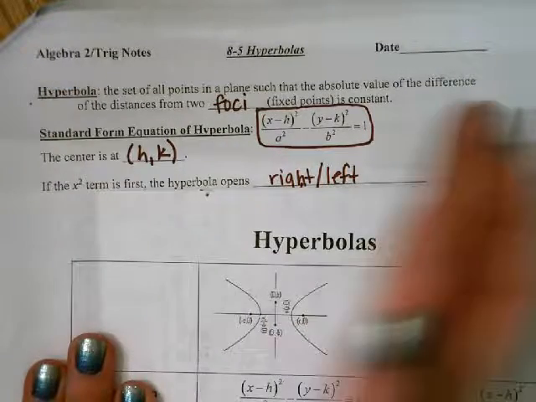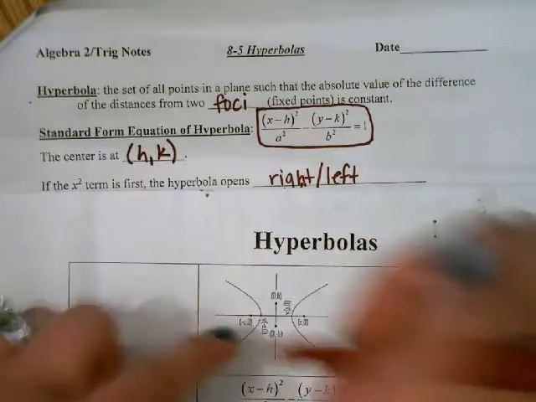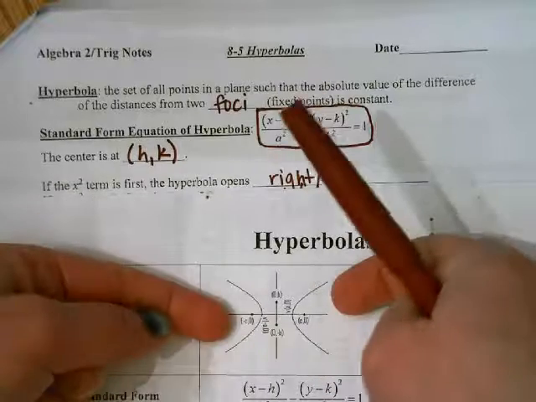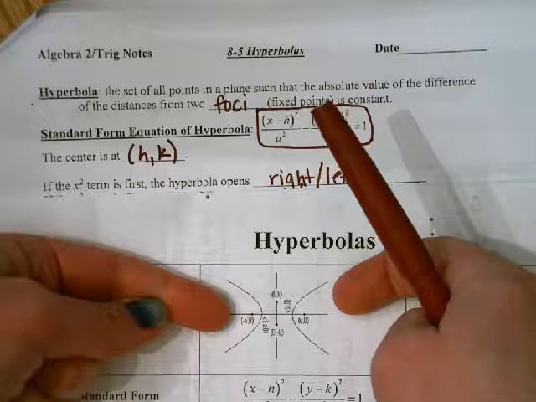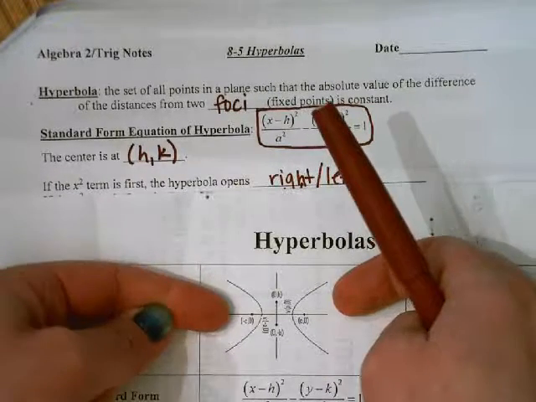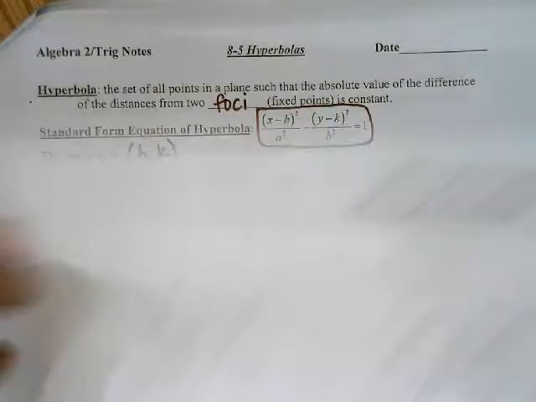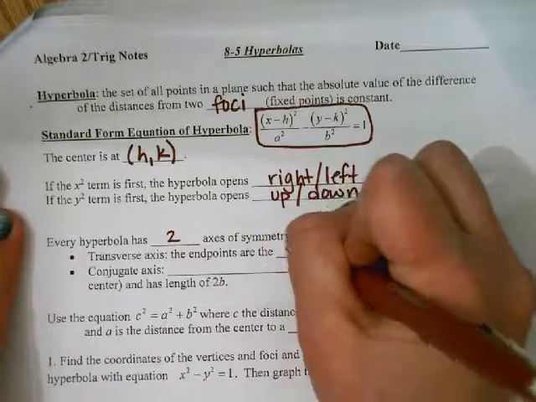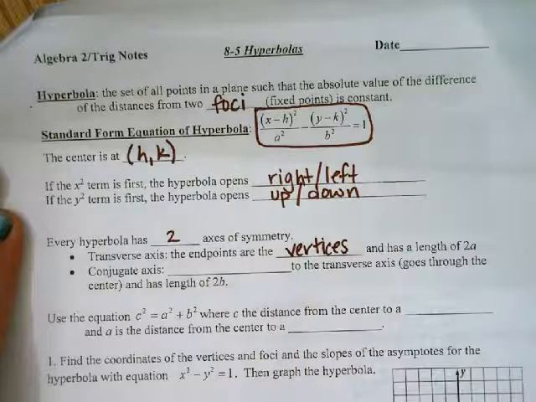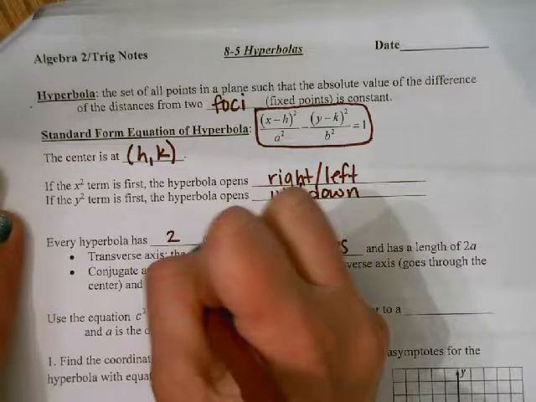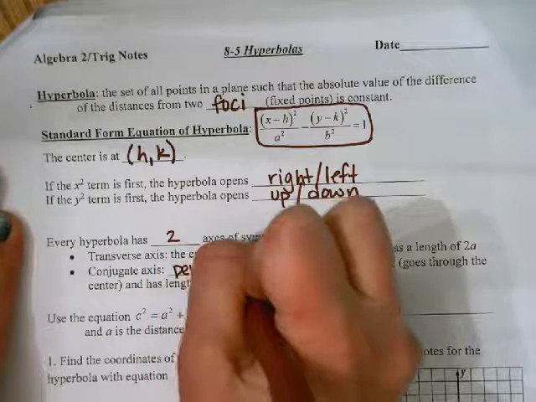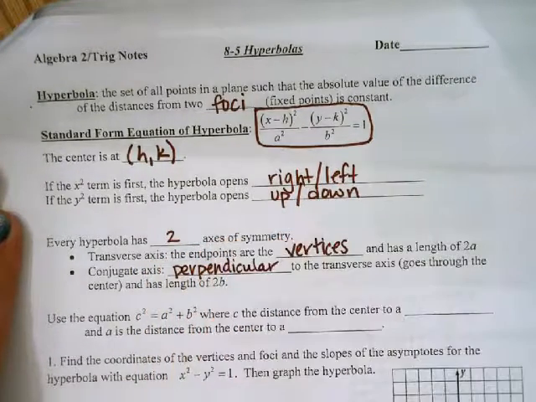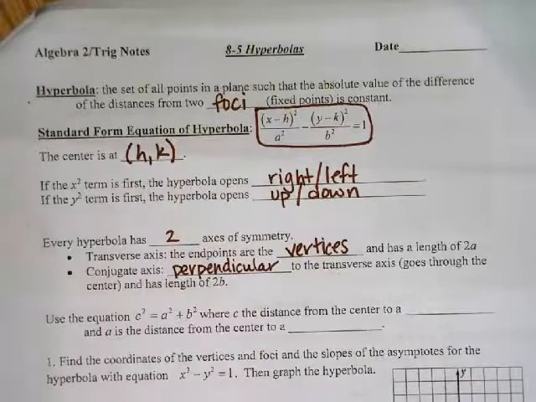I can also fold it this way, and half of the parabola would fold up on top of the other half of the parabola for each one. So there's a transverse axis, and the endpoints are the vertices. It has a length of 2a. And then the conjugate axis is perpendicular to that, goes through the center, and has a length of 2b.